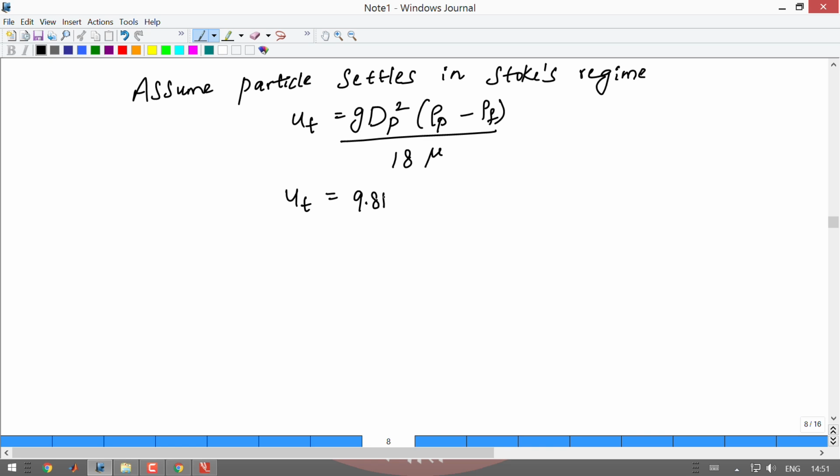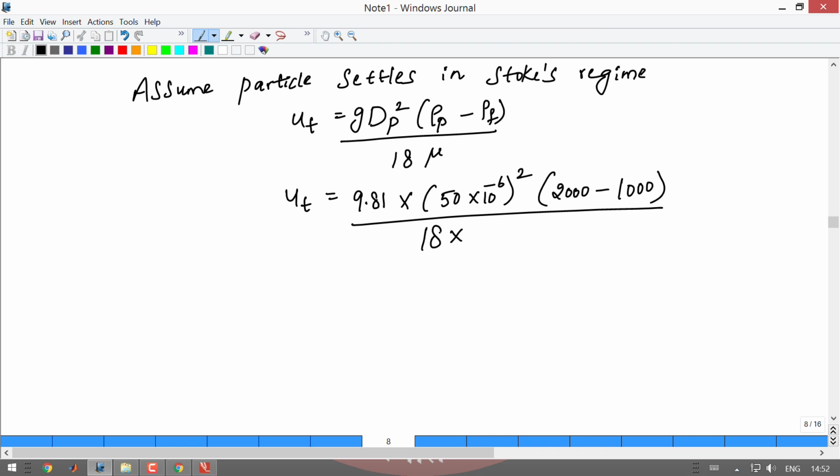G is the acceleration due to gravity, which is 9.81 meter per second square, and the diameter of the particle is 50 micron. Rho p is the density of the particle, which is 2000 kg per meter cube, and rho f is the density of the fluid, which is 1000 kg per meter cube, divided by 18 times viscosity of the fluid, which is 0.001 Pascal second.